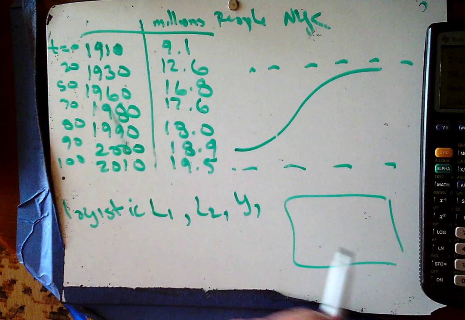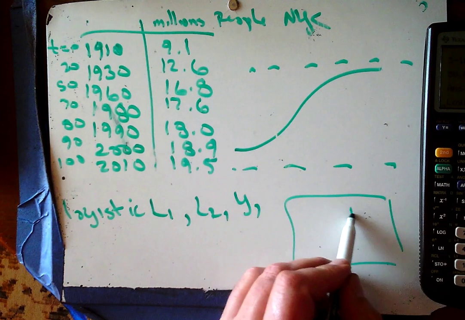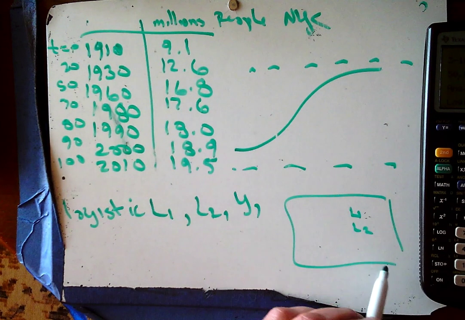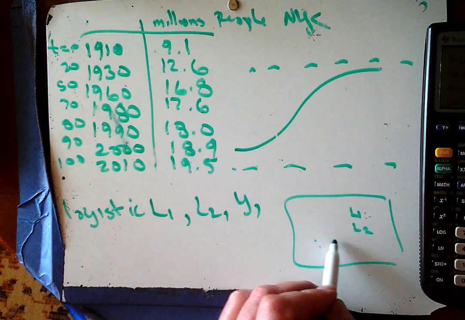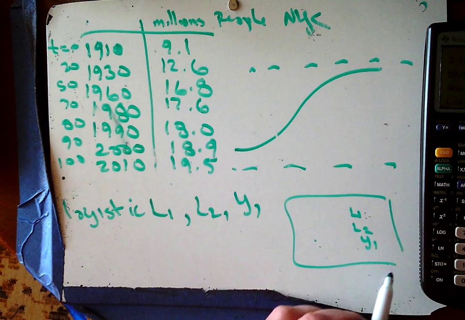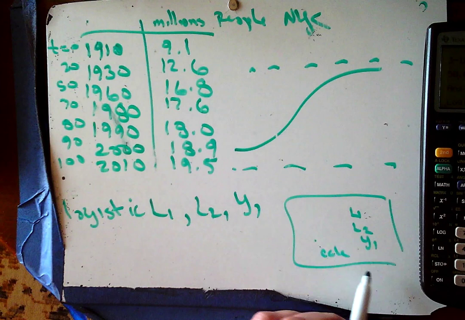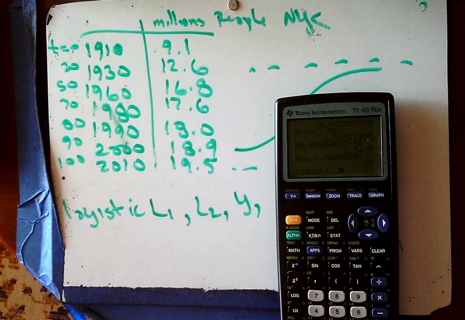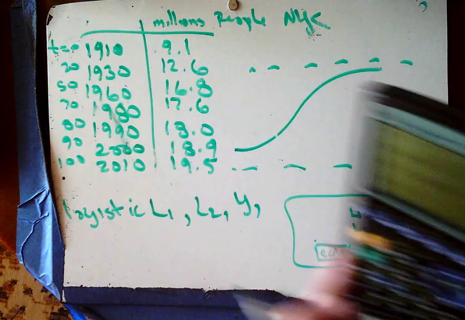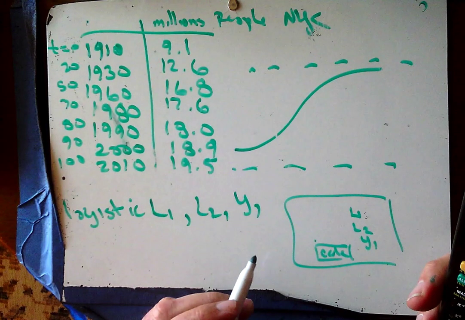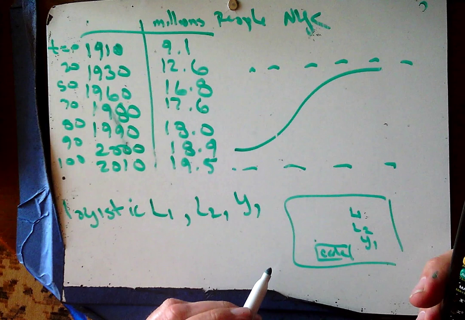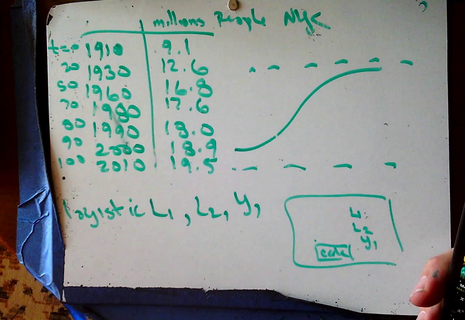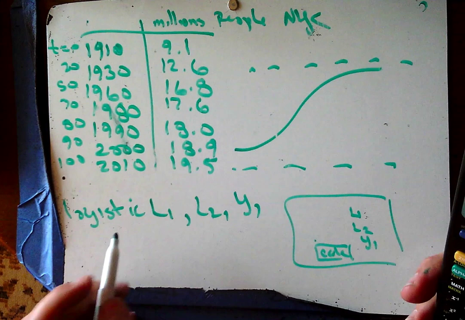It gives you this box once you choose logistic, and you want to make sure that's L1, that's L2. It says store regression equation, you want Y1, and then it says calculate here, and you want to click on calculate. Okay, when I click on enter, I get a logistic model eventually. It's got to think. Trust me, this waiting time is so much less than if we had to do it ourselves.